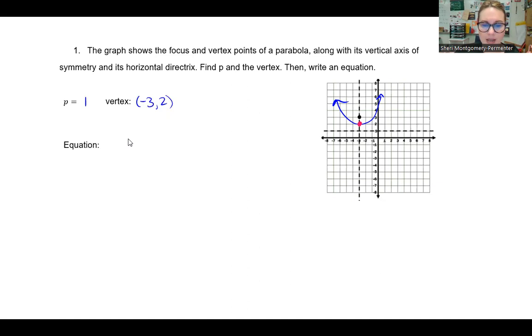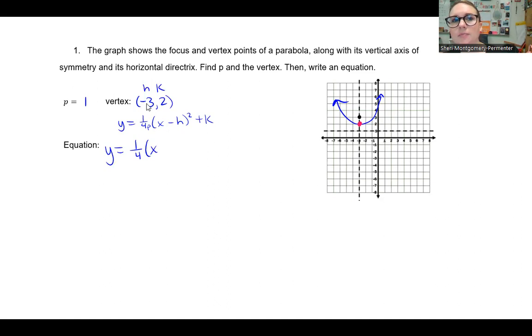To write the equation, I've got that formula. Y is equal to 1/4P (X minus H) squared plus K. Okay, well, this is H, this is K. And this is P. So I'm going to plug these things in. So Y is equal to 1 divided by, what is 4 times 1? 4, so it's just a 4 under here. X, and then it's minus.